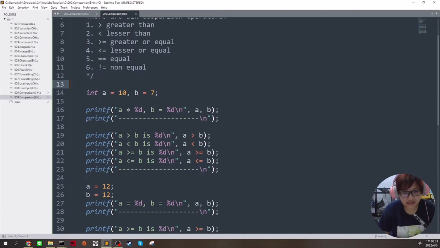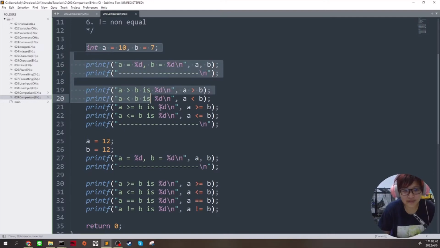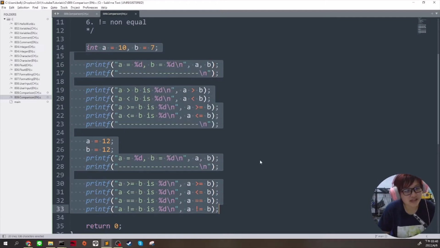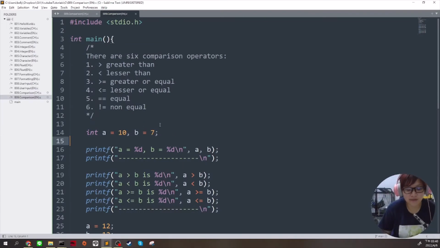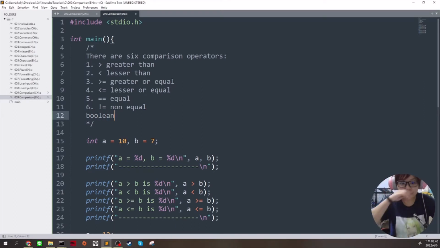Before we go to the example, some viewers may have already learned other programming languages, or know C++, and they will say, I know a kind of data type called bool, or boolean.